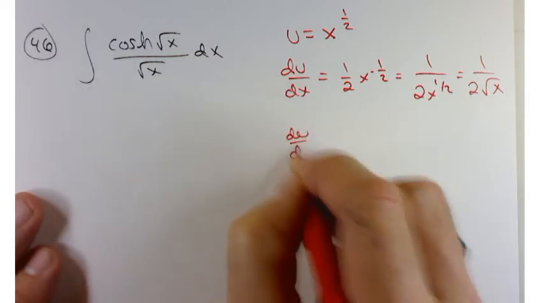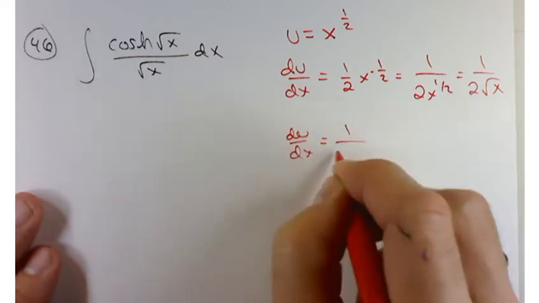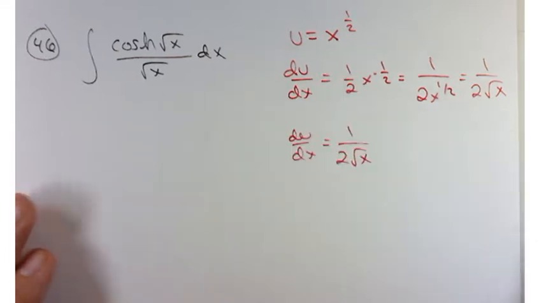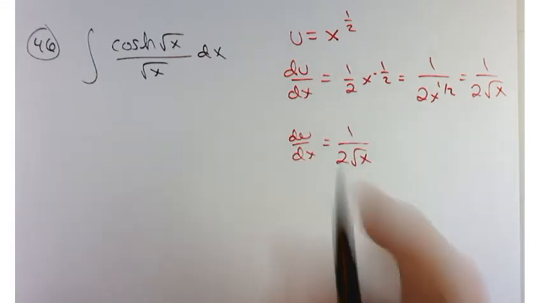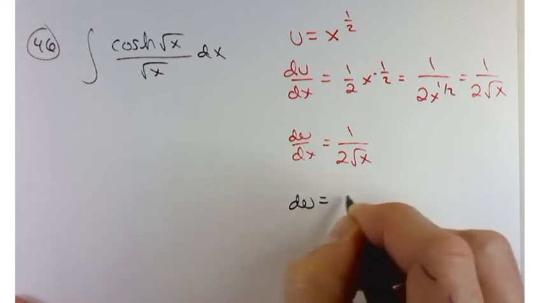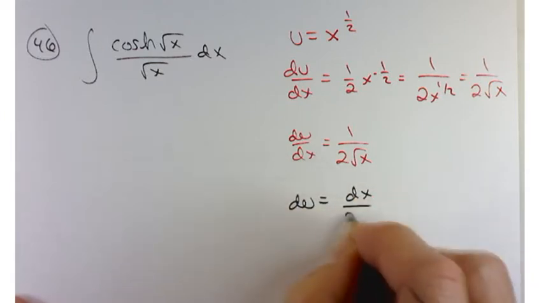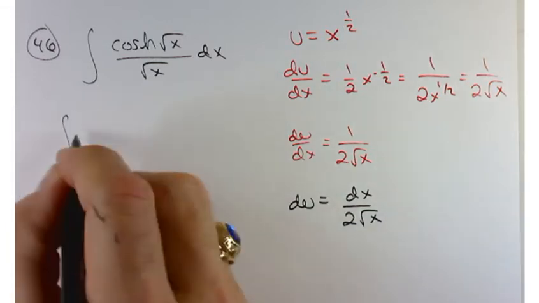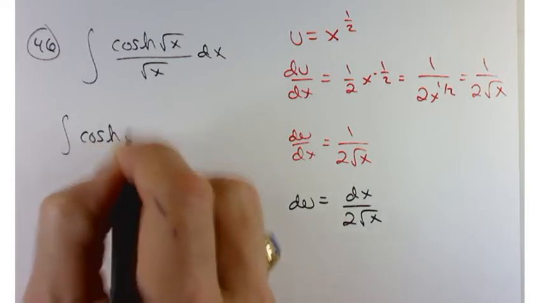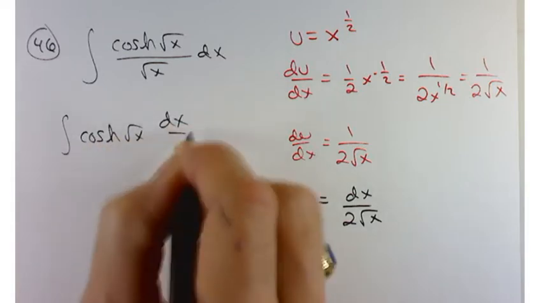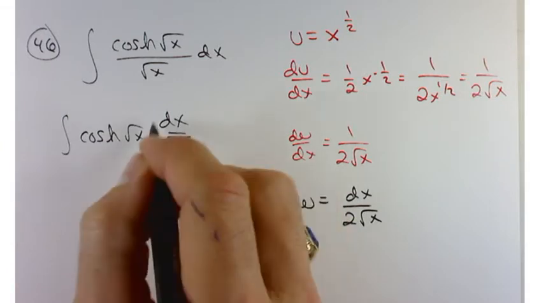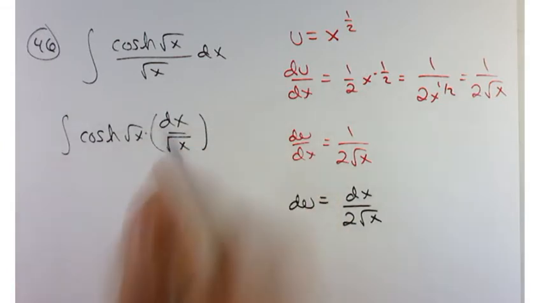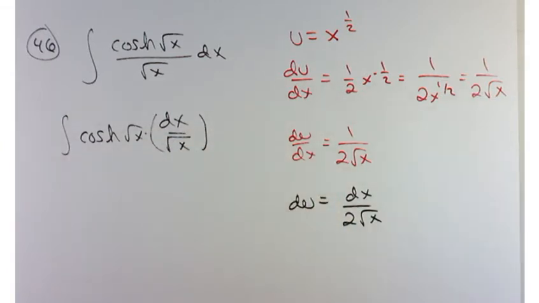Okay. Multiply both sides of this by dx, the differential. I get du equals dx over 2 square roots of x. And I'm coming pretty close to what I have in the integrand. In the integrand, I've got cosh of the square root of x and dx over the square root of x. So just kind of writing it a little bit different.